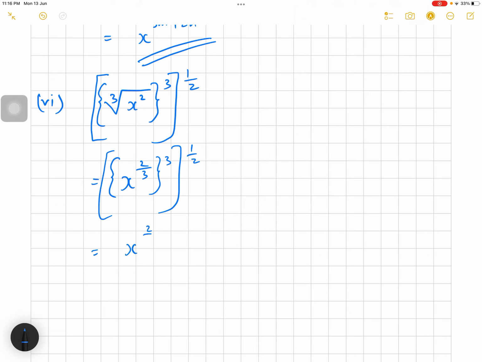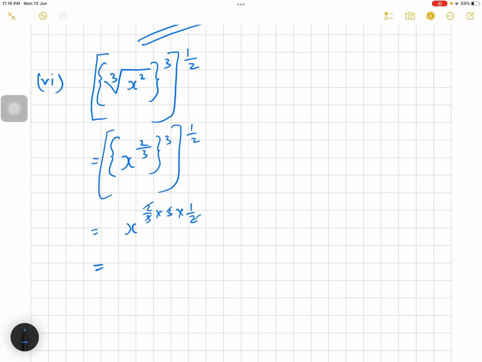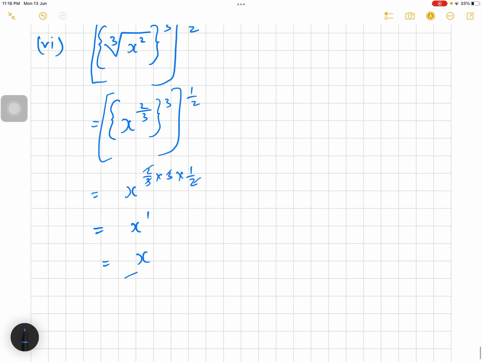This can be written as x raised to 2 by 3 into 3 into 1 by 2. So here 3 cancel, 2 cancel. So only 1 is remaining, right? So x raised to 1, which is equal to x.